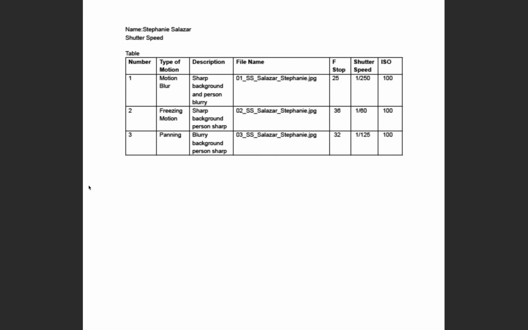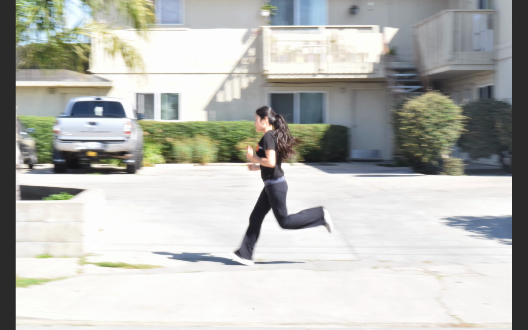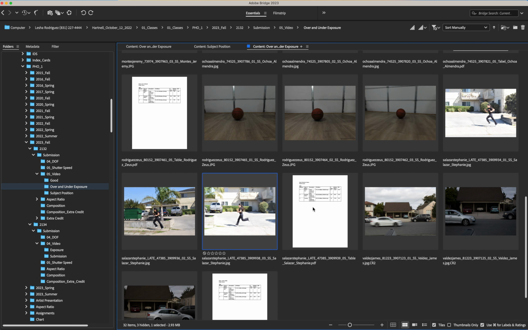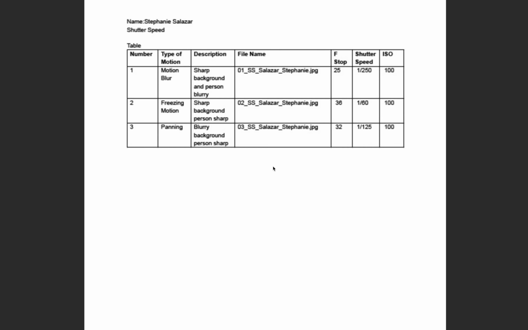Let's take a look at these photographs one more time. Too much light is entering the camera for number 1 and number 2. The ISO has to stay at 100. We can't go any lower.